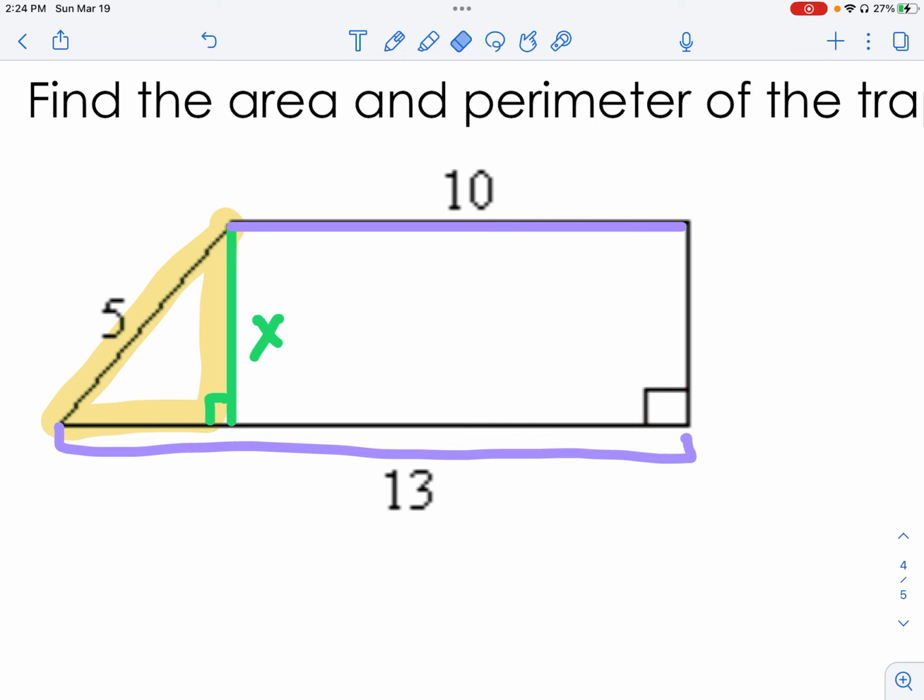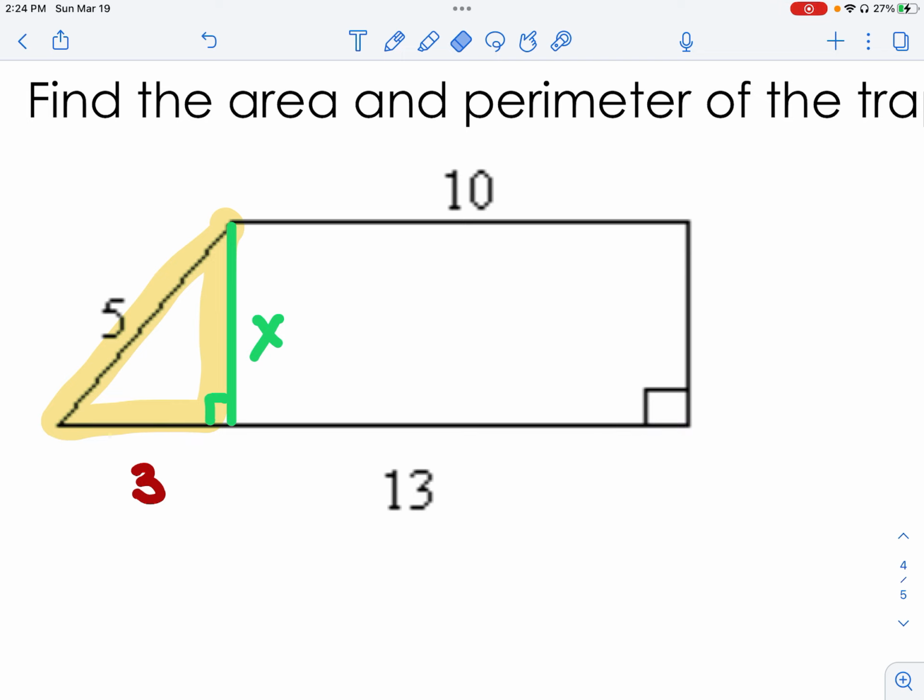So if I were to drag this length of 10 down, that is also 10. What is the remaining piece over here? Well, this must be 3, because 10 plus 3 will get me to my full length of 13. So I know some parts of this right triangle now.